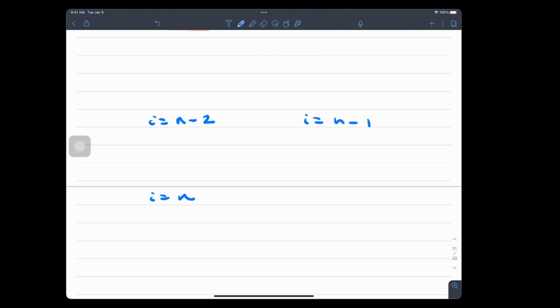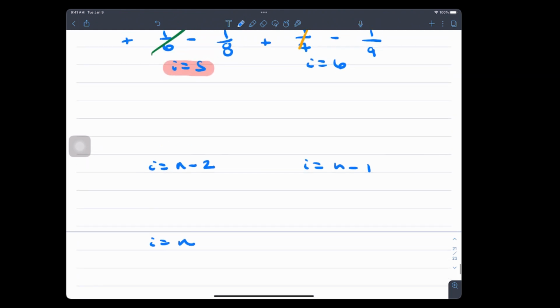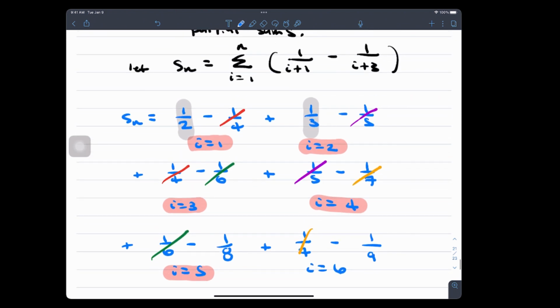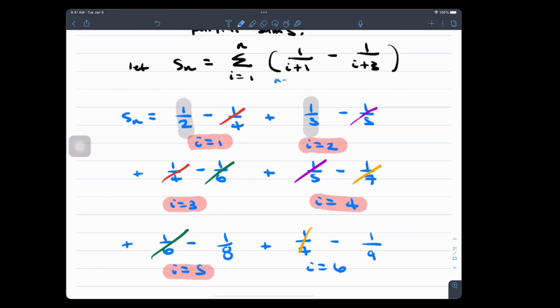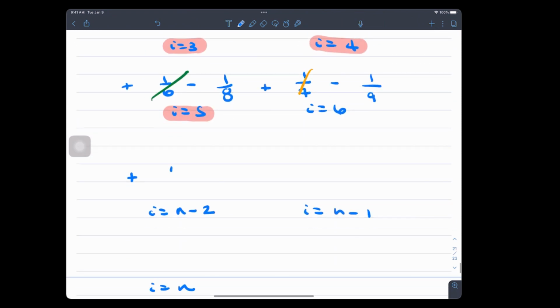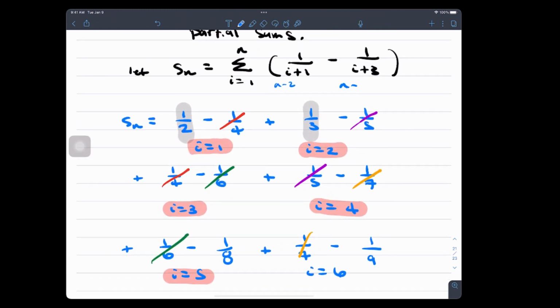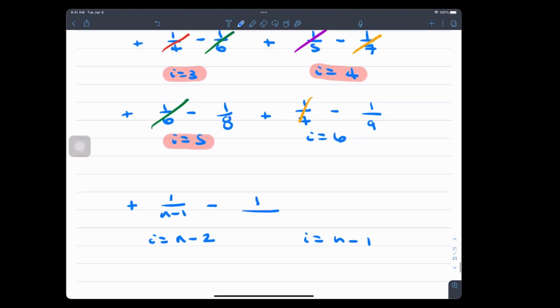Okay, we're going to finish it off at n again. So when I is n minus 2, 2 terms prior, we plug in n minus 2 here. It looks like we're going to get n minus 1. Minus 1 over, plug in the n minus 2 over here. That'll be n plus 1.